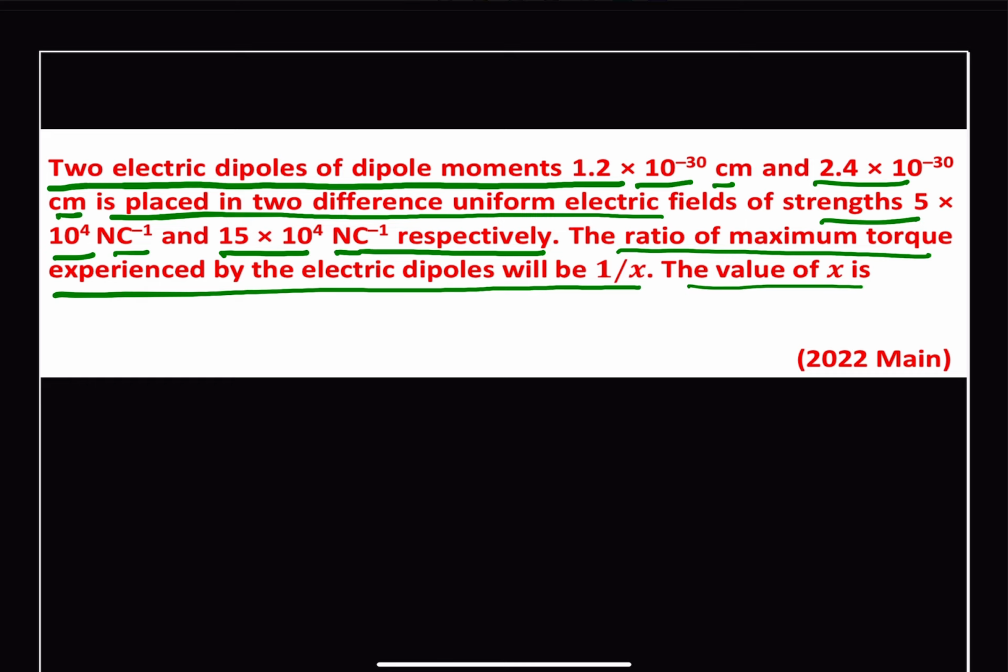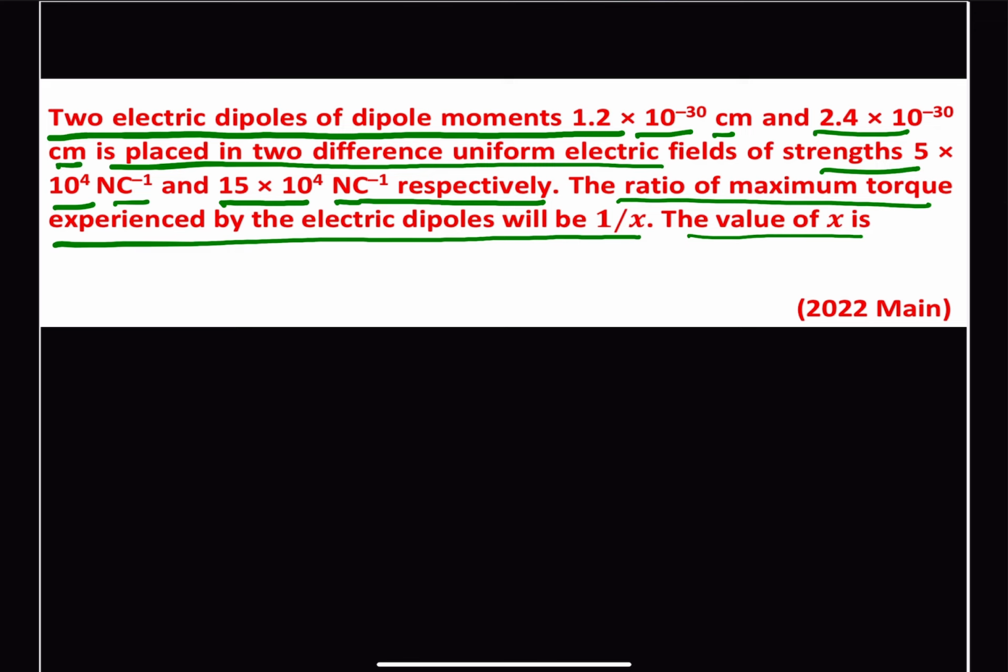So here we are having two dipoles. The first dipole, let us call this P1, having a dipole moment P1, which is, I think this should be coulomb meter, not centimeter. Coulomb meter, and here also coulomb meter.